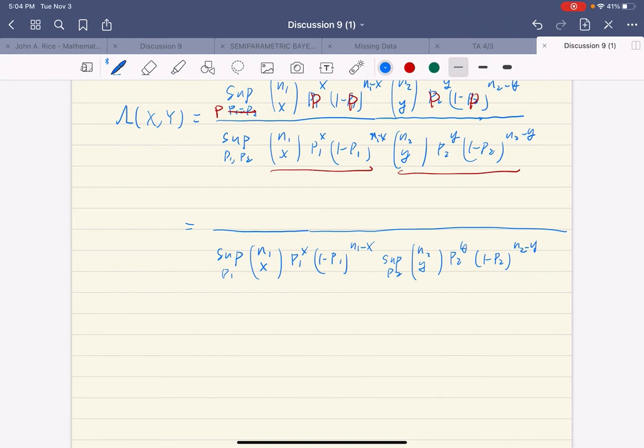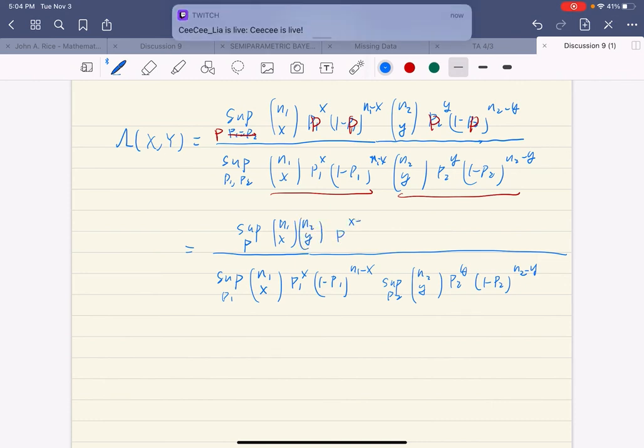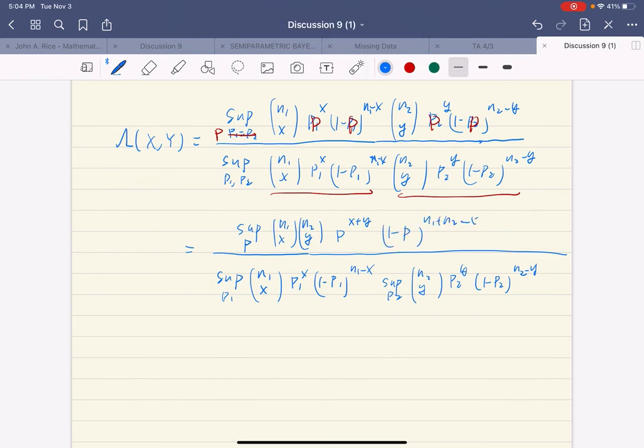And the numerator is the supremum over p, and we can combine the terms like this: p to the power x plus y, times 1 minus p to the power n1 plus n2 minus x minus y.